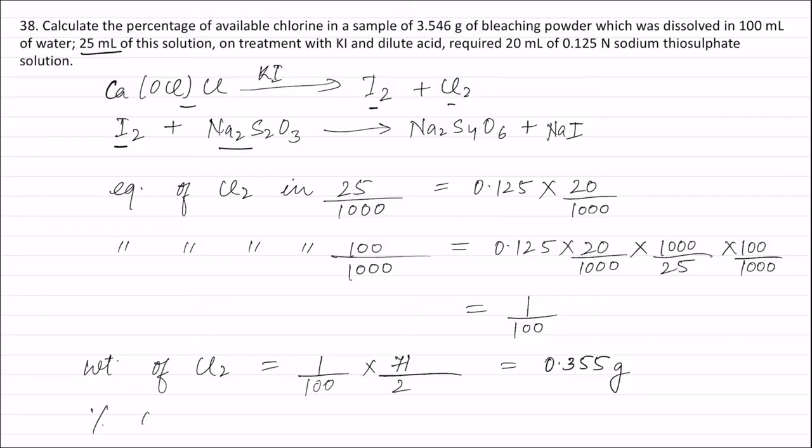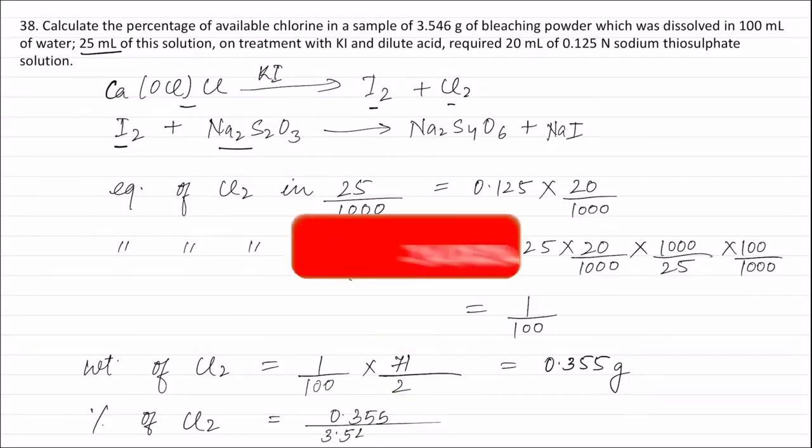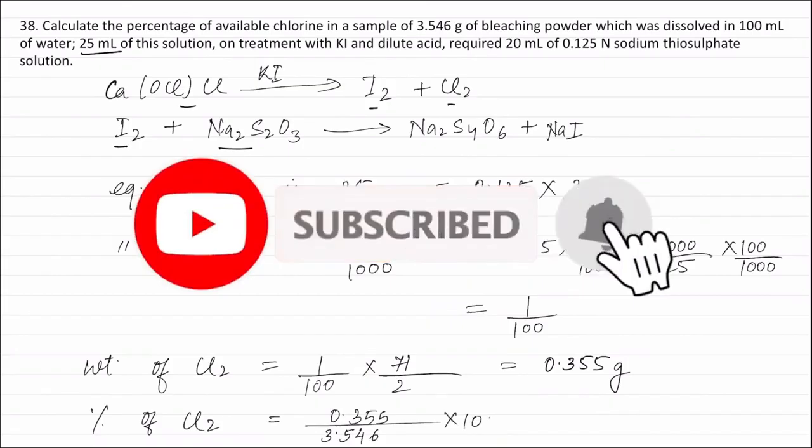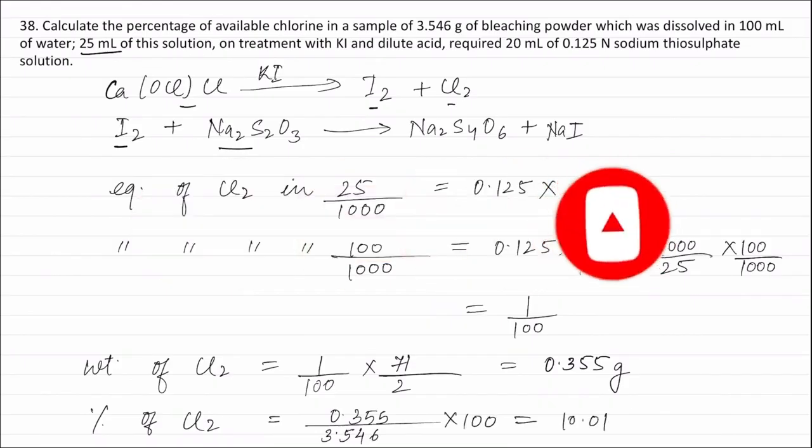Therefore percentage of chlorine will be equal to 0.355 gram divided by weight of the bleaching powder, that is 3.546 gram, into 100, and this is equal to 10.01%.